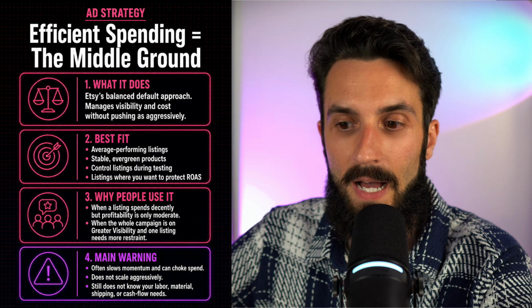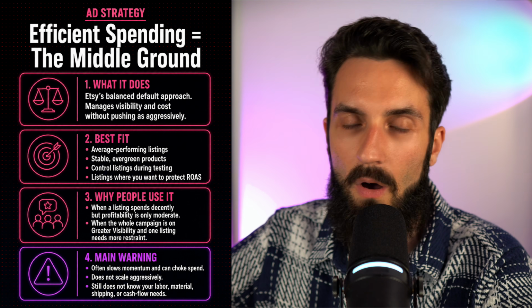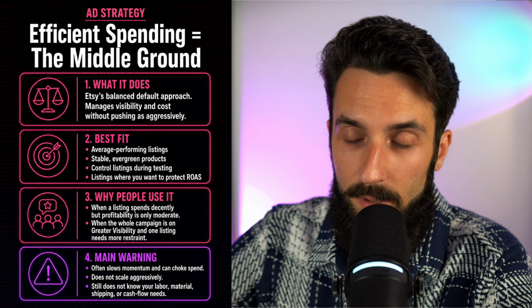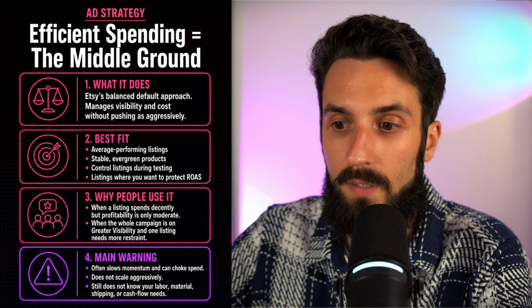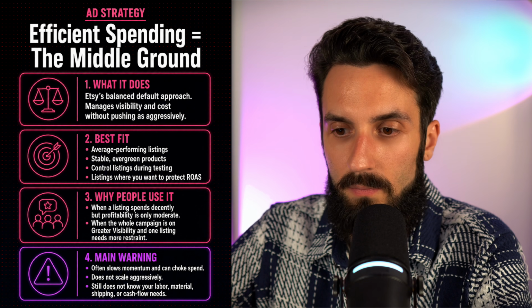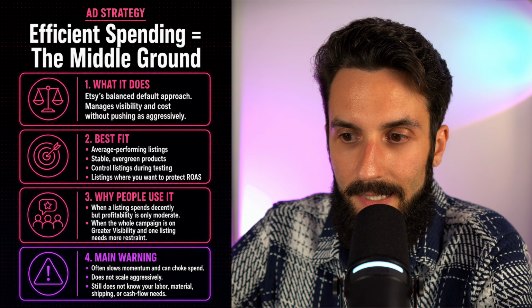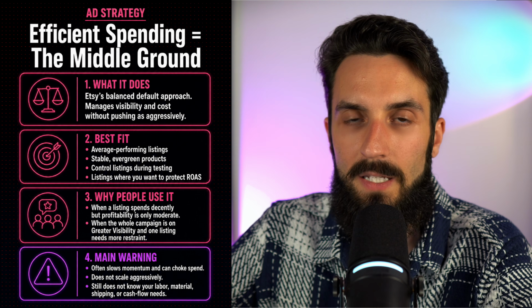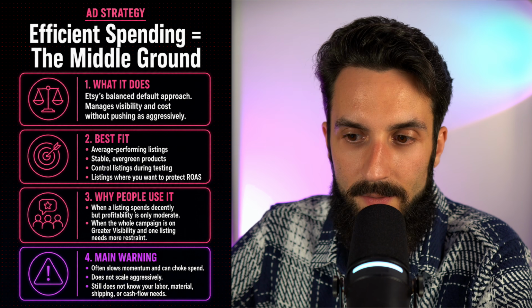If that's happening a lot, now you can put those individual listings on efficient spending, either before it goes over your comfortable cost per conversion, that's how much money you're willing to spend per sale, or just right off the bat, okay? If they're already just spending decently with a profitable but not phenomenal ROAS, the main usage for this setting is if you want to be careful with your ROAS, okay?